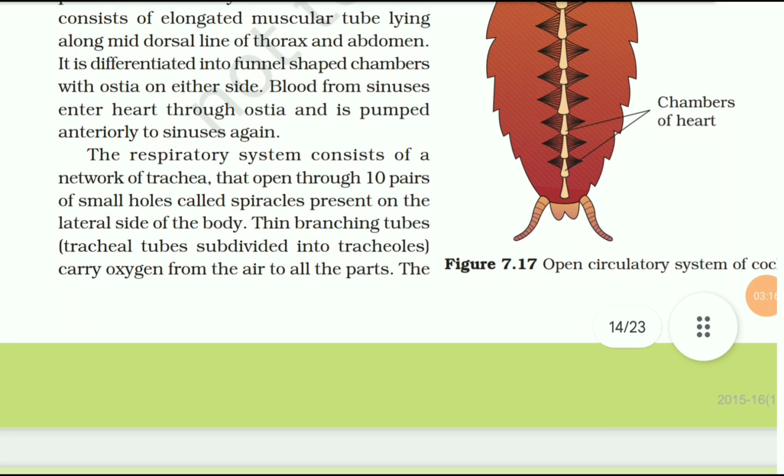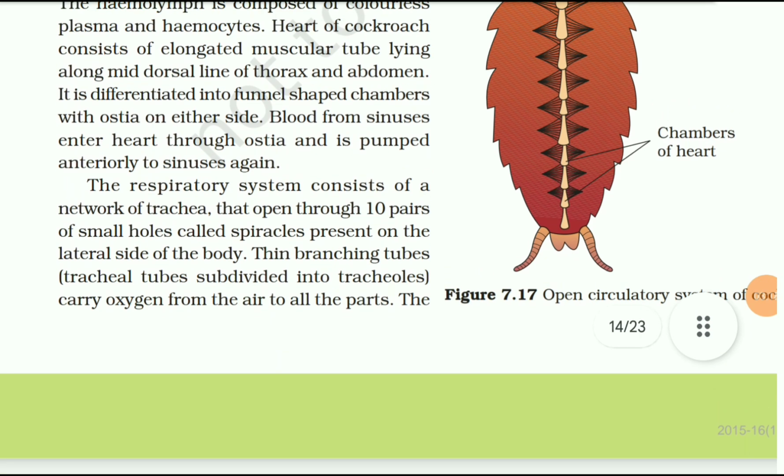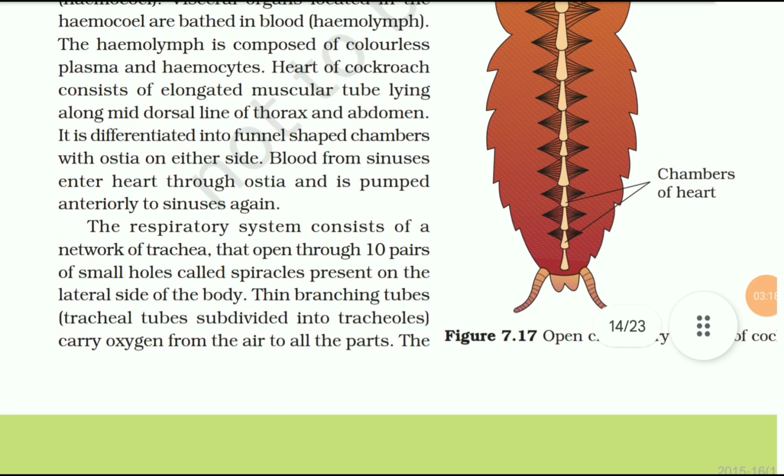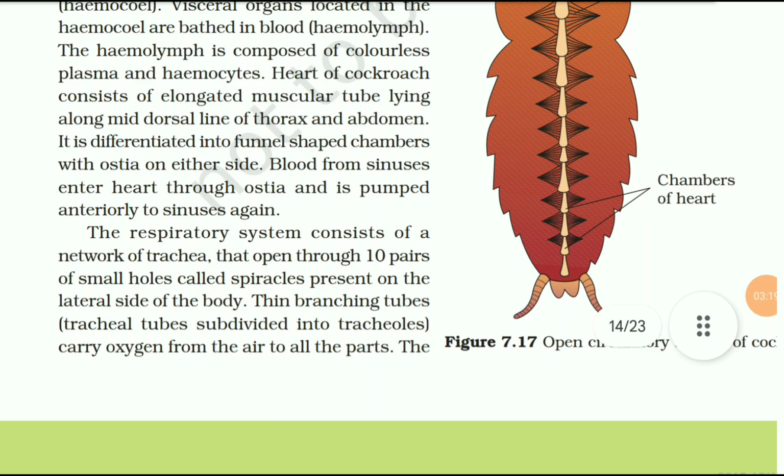The entire foregut is lined by cuticle. A ring of 6 to 8 blind tubules called hepatic or gastric caecae is present at the junction of foregut and midgut, which secrete digestive juice.